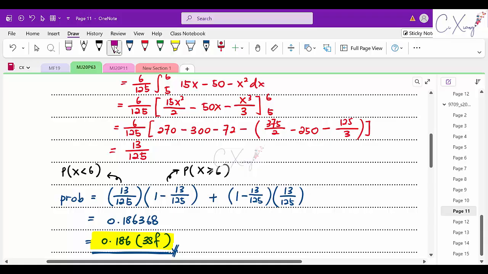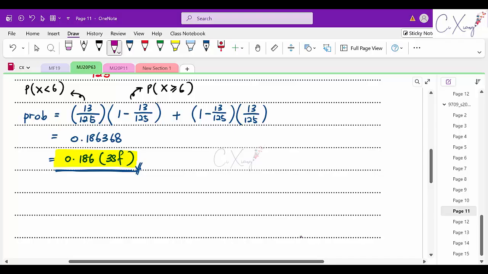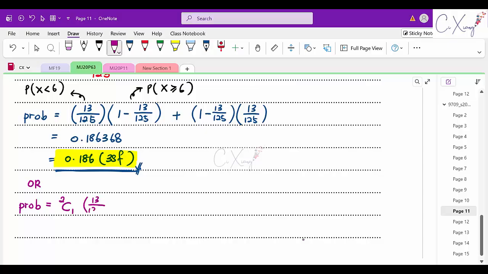Okay, there's another way. Some students might be aware that this belongs to binomial distribution because you're having two worms in total. One of them is something, something, something. So the second way is you can treat it as a binomial expansion where you're having two worms in total. So 2C1, number of worms less than 6 is 1. Then you're having 13 over 125 power 1. Then Q is 1 minus 13 over 125 power 1.